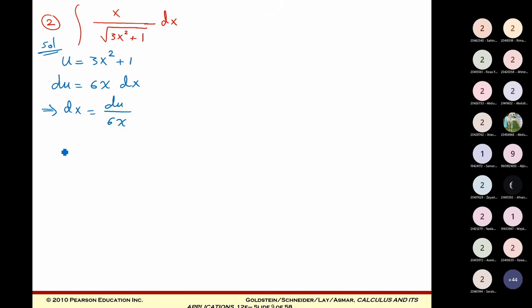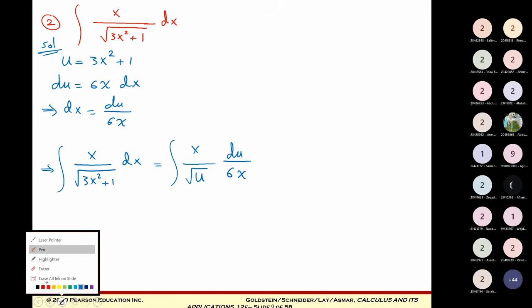Now replace. We have x over radical 3x square plus 1 dx. Inside the root equals u, so replace 3x square plus 1 with u, and dx equals du over 6x.